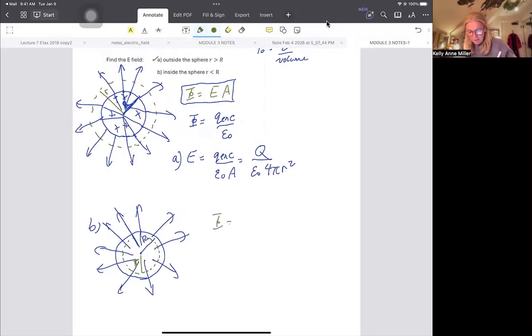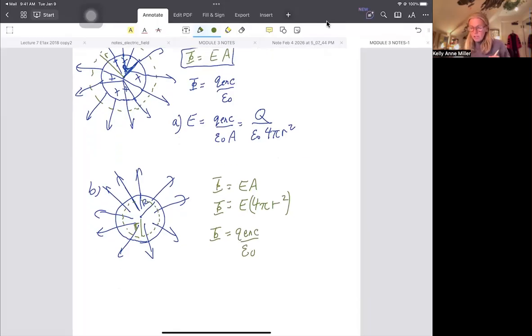Flux equals E times A, which equals E times 4 pi lowercase r squared. That's flux. Flux also equals Q enclosed over epsilon naught.